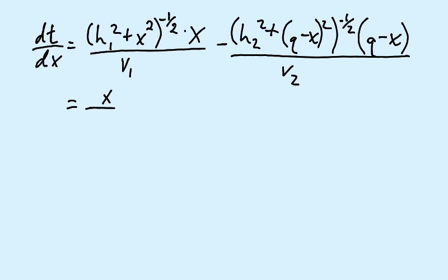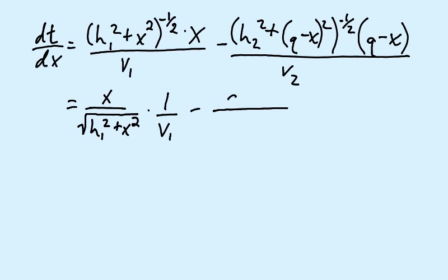Now that it's been simplified, I can rearrange it to get where I'm actually intending to go. So by putting the 1/2 power back as a square root and putting the negative back in the denominator, I can rewrite it as x over square root of h1 squared plus x squared times 1 over v1.